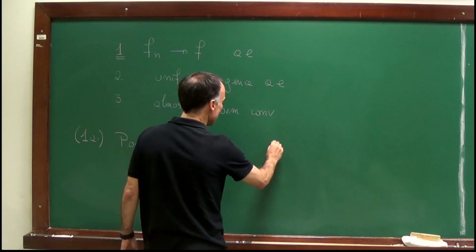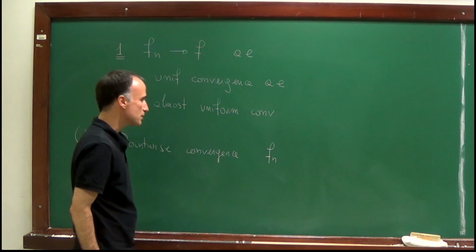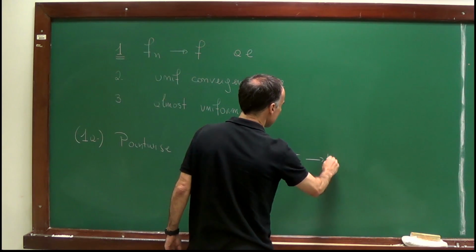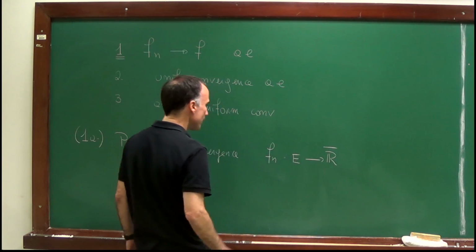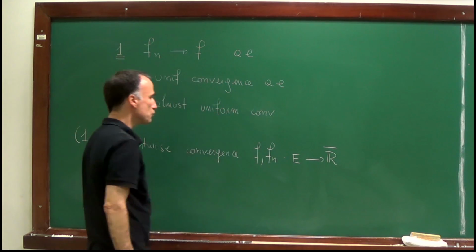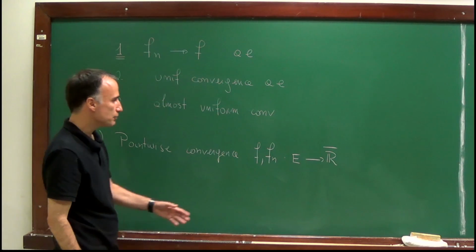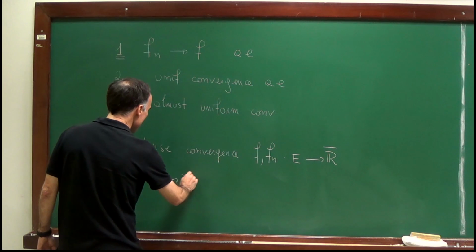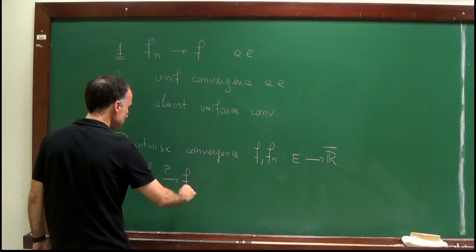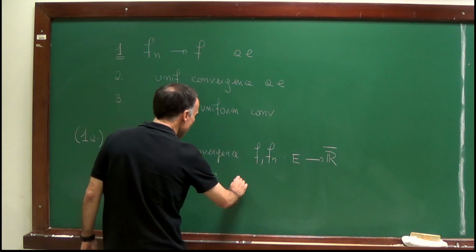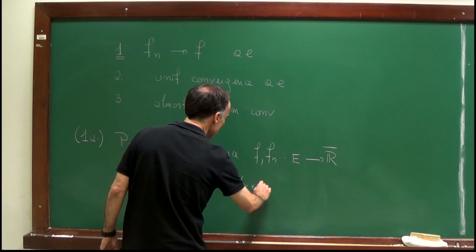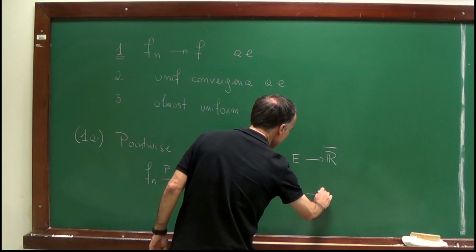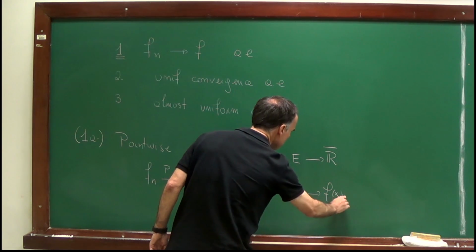If I have a sequence of functions fn defined on a set E and taking values in R bar, and a function f also defined on E and taking values in R bar, I will say that fn converges to f pointwise if for all x in E, fn of x converges to f of x.